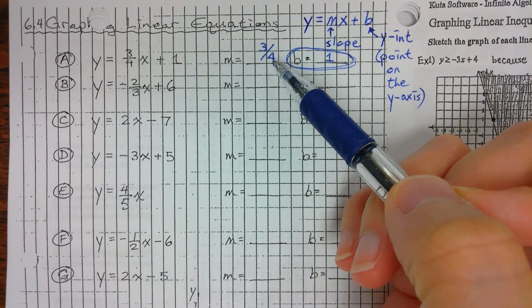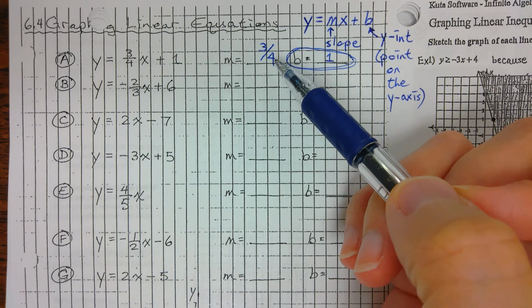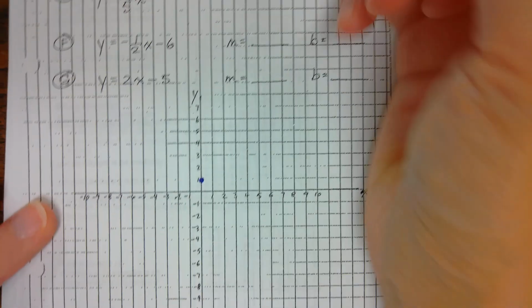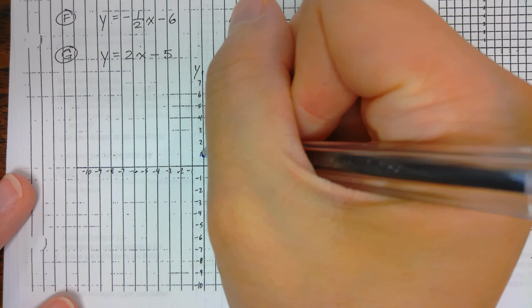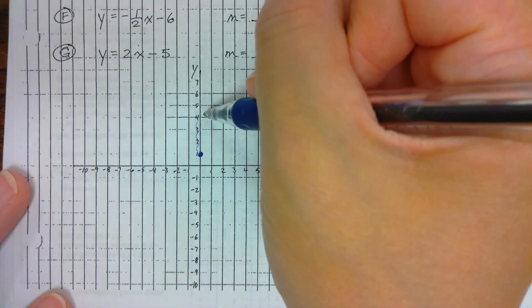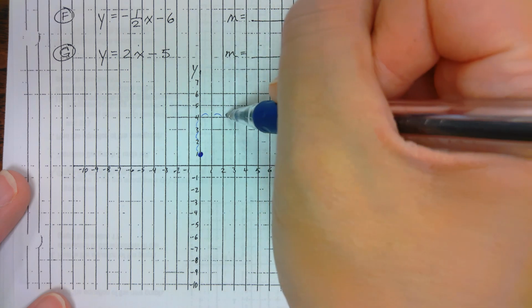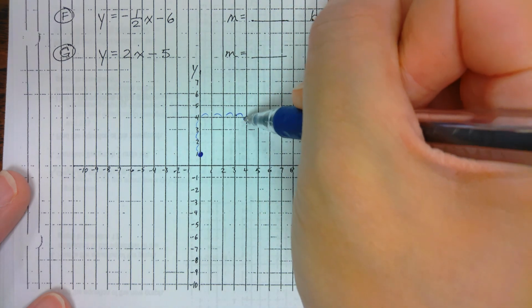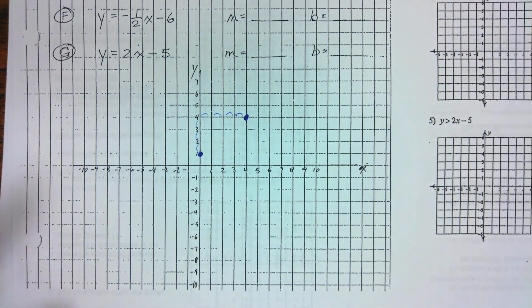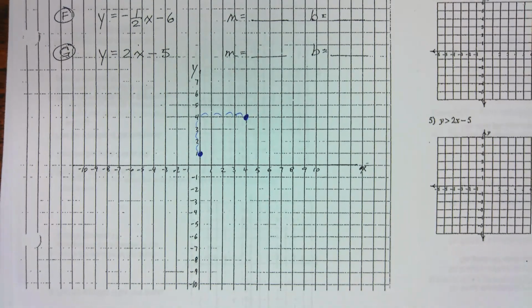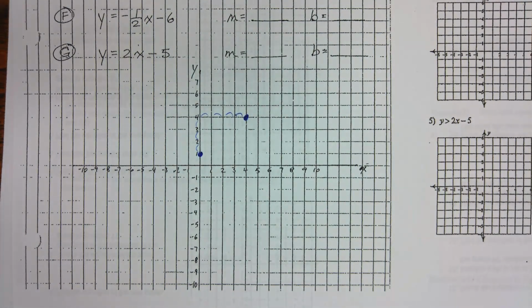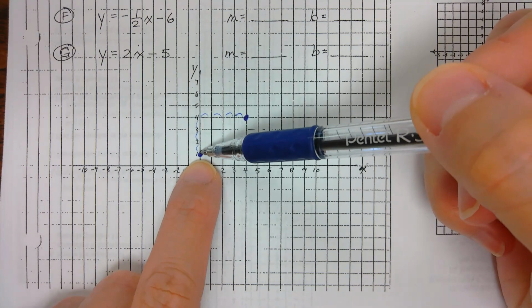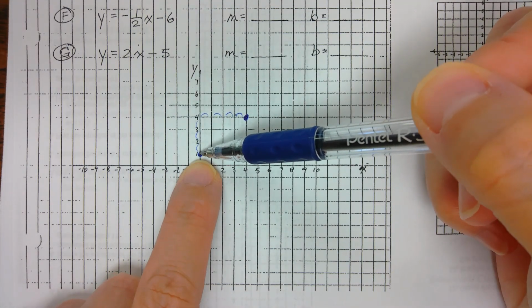Rise over run. We've been doing this a lot in the past 2 days. So rise 3, go up the elevator 3 floors. And then my run is 4. So it's the 4th door on the right, which leads me to my next point. Wait, it's not 4 and 4? Yeah, and that's because you're going from your y-intercept.